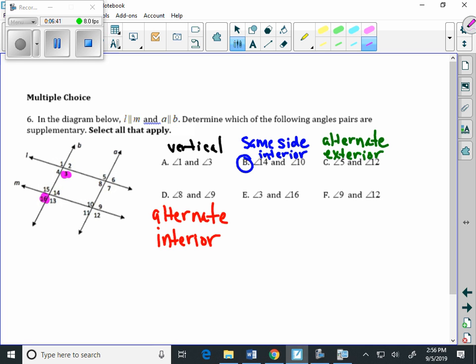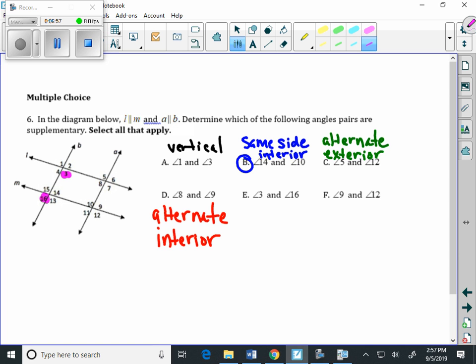But I do believe that these are supplementary angles. It's just a little bit of roundabout reasoning here, but there is no particular name for these two.